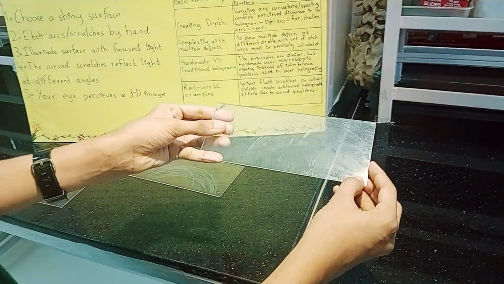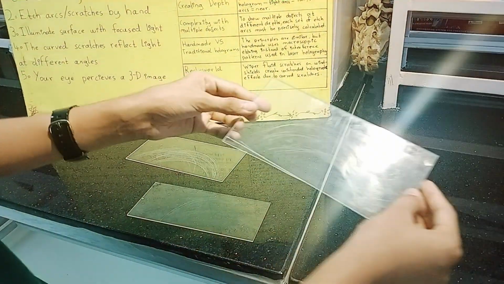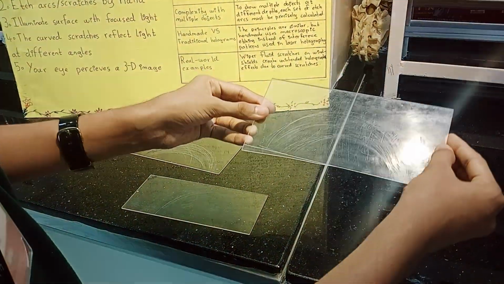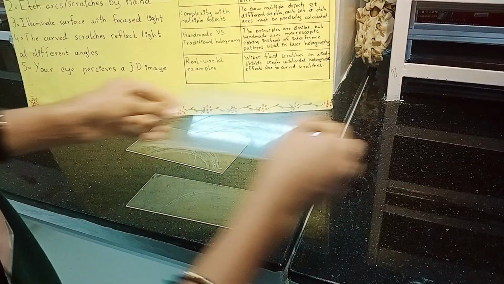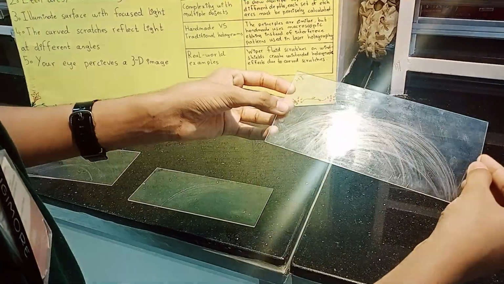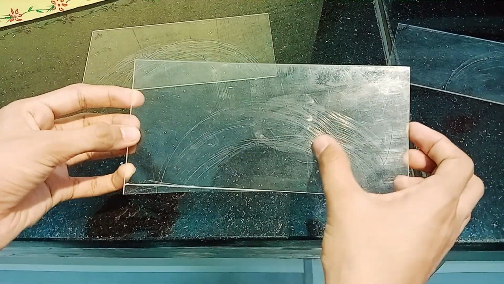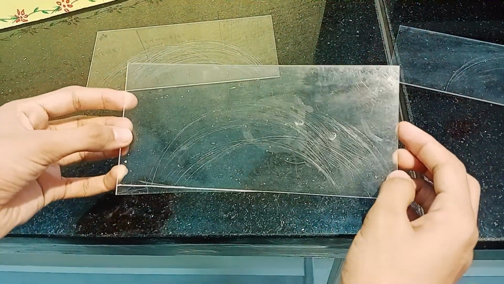This one is a cube. This one is a circle, and this one says hi. So this is the hologram. A circle is formed.